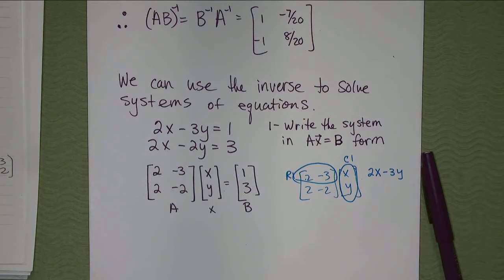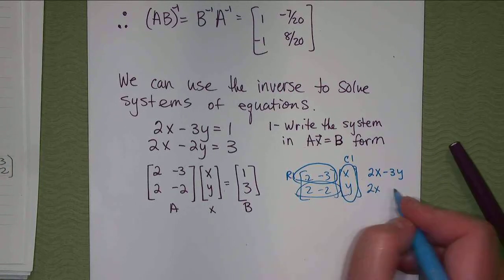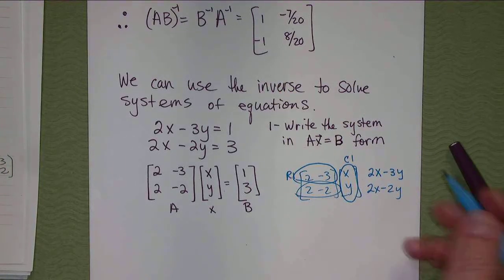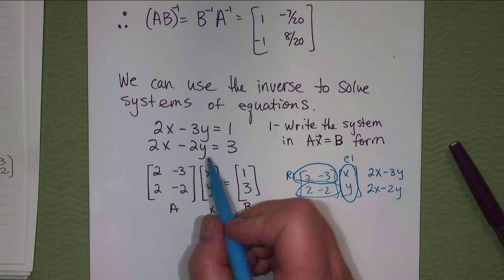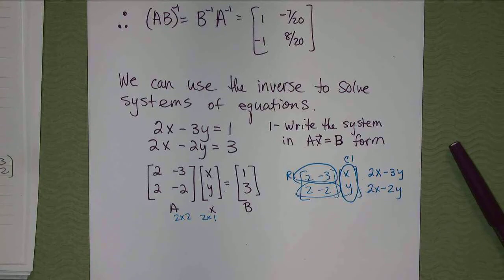And if you did row 2, you would get 2 times X minus 2 times Y. It's a matrix multiplication. Putting it this way makes the size work out, 2 by 2, and this is a 2 by 1. So that's AX equals B form. That's step 1, to write it in the right form.